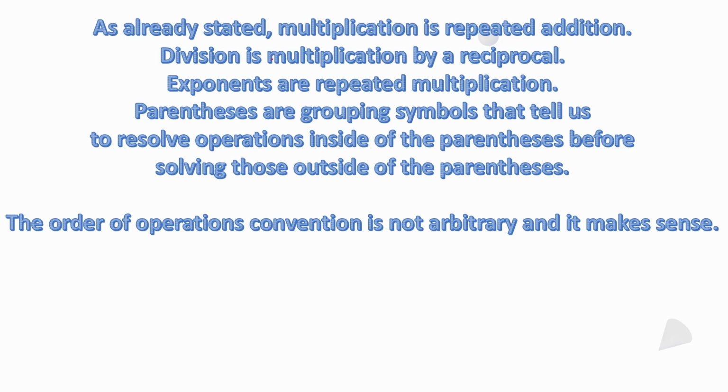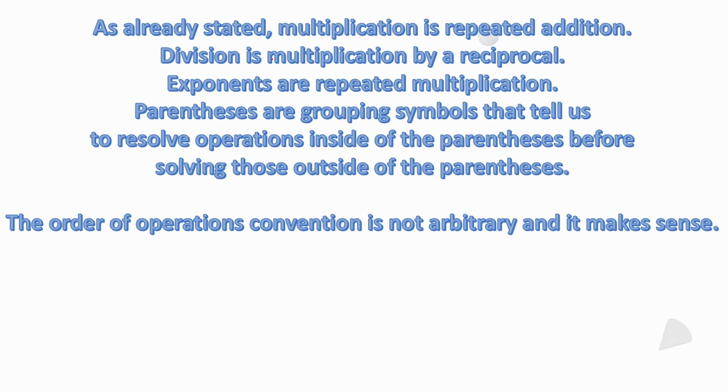Then your parentheses are just grouping symbols that tell us to resolve any operations inside of the parentheses before you would solve anything outside of the parentheses. So if you don't have any parentheses, you still follow the order of operations. You would look at your exponents. If you don't have any, then you say, okay, do I have any multiplication or division?